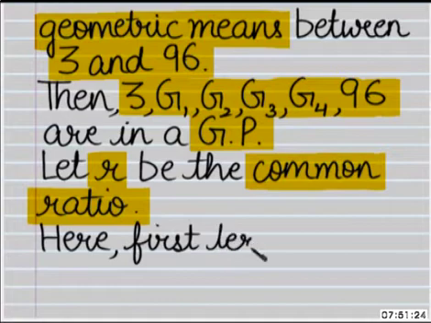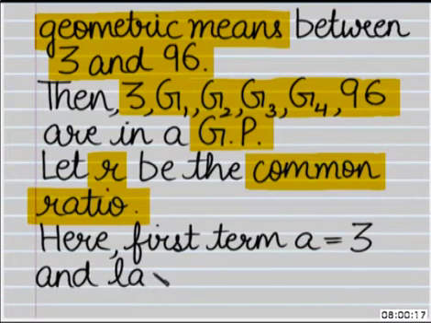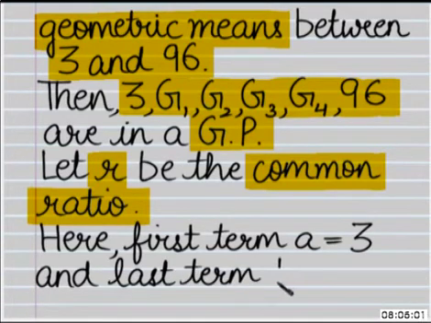First term, that is A, is equal to 3 and last term, that is B, is equal to 96.